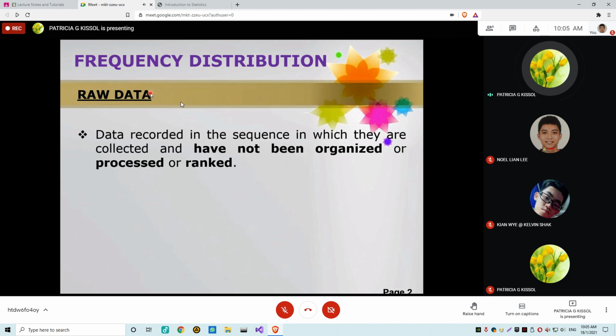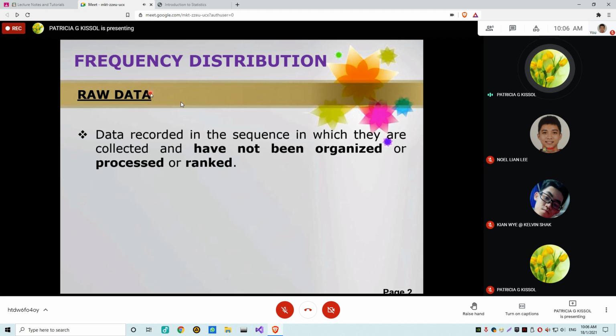And for everyone's information, the topic we're doing now under descriptive statistics, we are focusing more on quantitative data. That means the data we have can either be discrete or continuous.